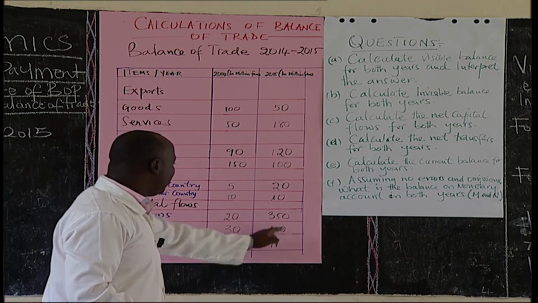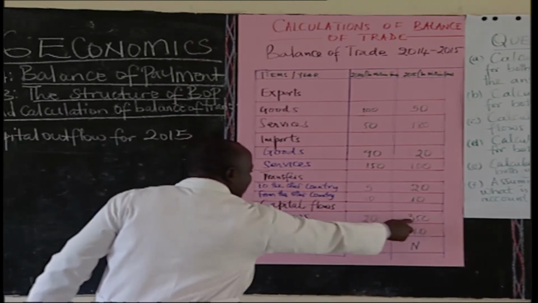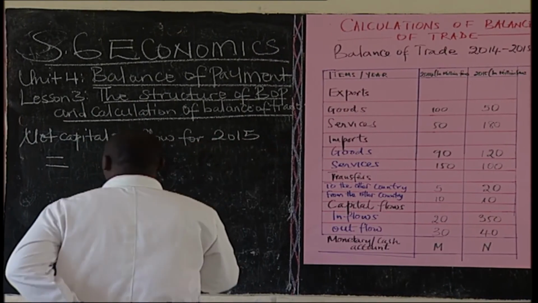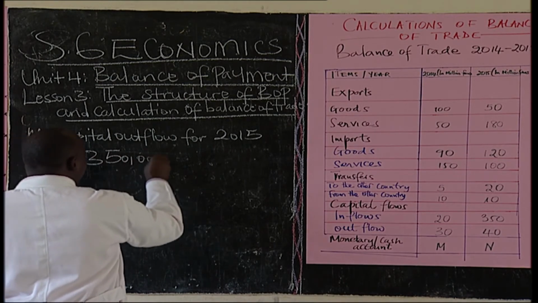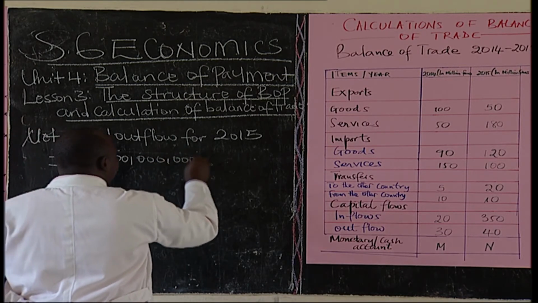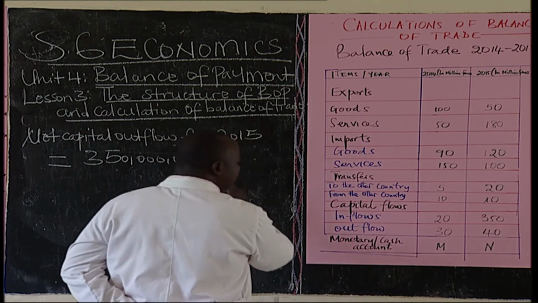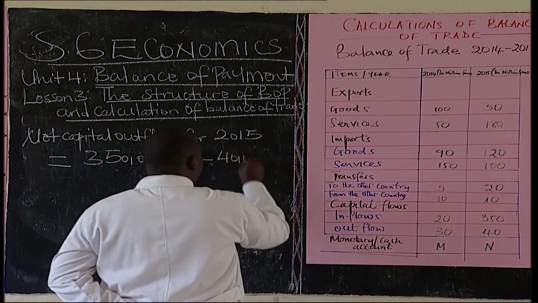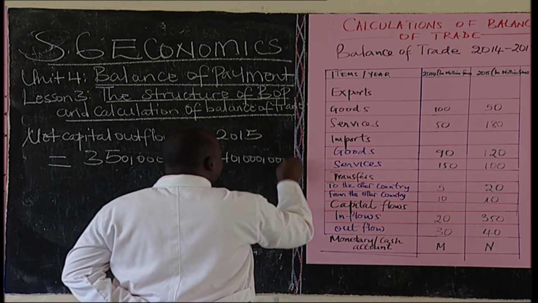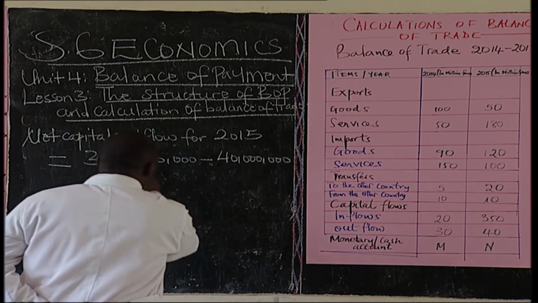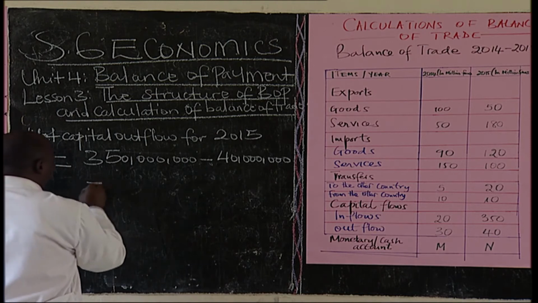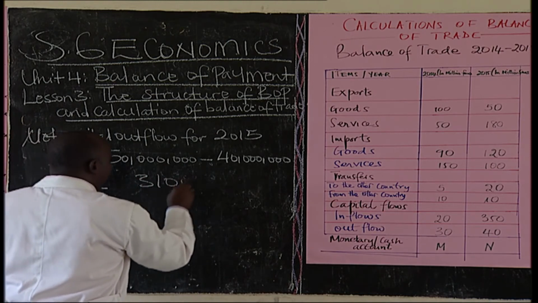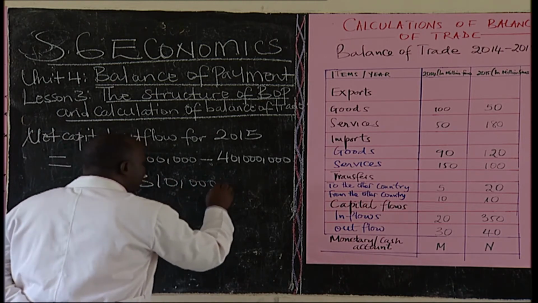We get 350 million, which is the inflow, minus the 40 million, which is the outflow. If you get 350 million minus 40 million, we shall get 310 million francs.